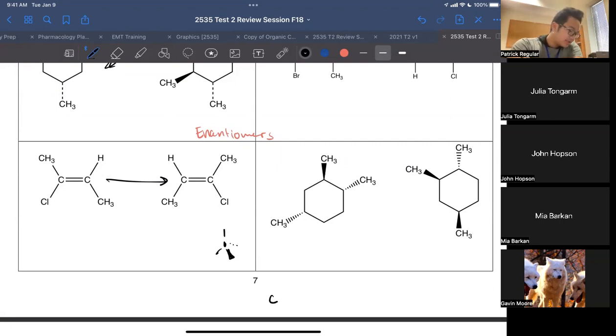So if you had a big compound and your stereocenter had this carbon right here, like OH, Br, Cl, this sigma bond can rotate around. So stereochemistry is really important.